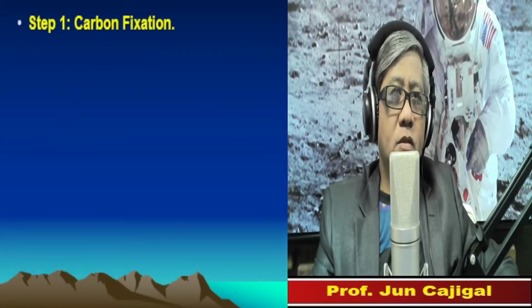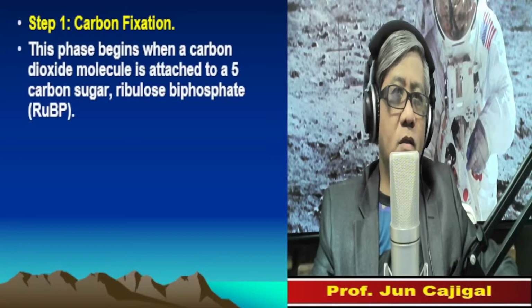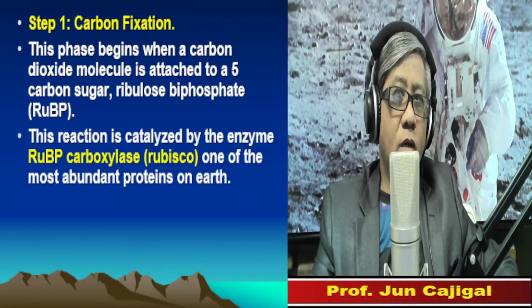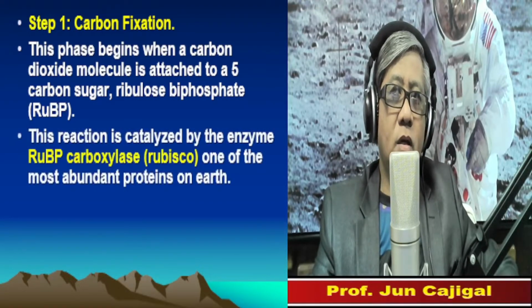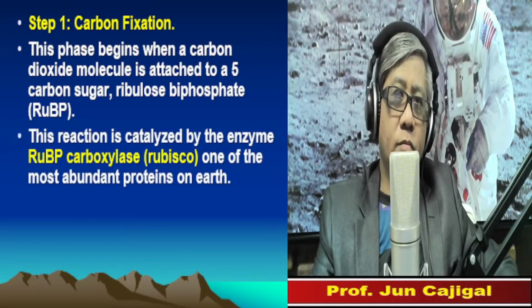Alright, so at this point, let us now summarize step 1 or carbon fixation. This phase begins when a carbon dioxide molecule is attached to a 5-carbon sugar, which is ribulose bisphosphate or ribulose diphosphate. Then this reaction is catalyzed by an enzyme called RUBP carboxylase or Rubisco.